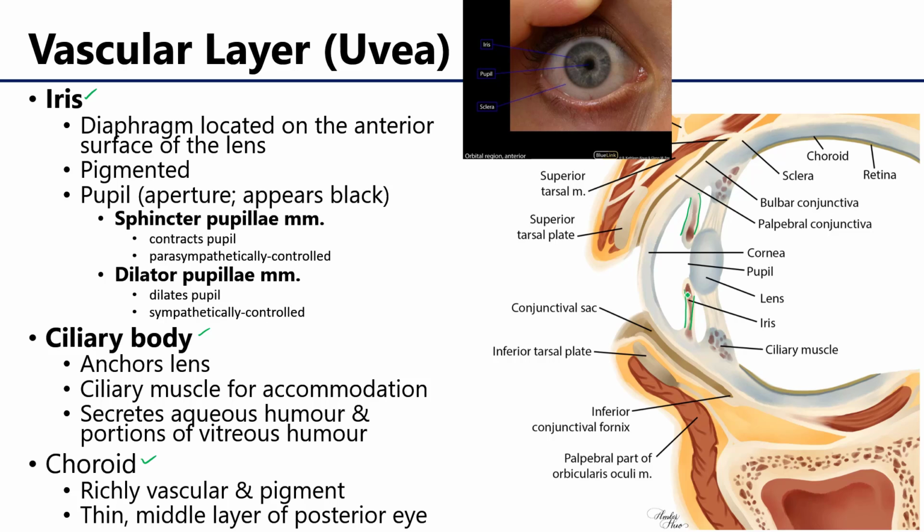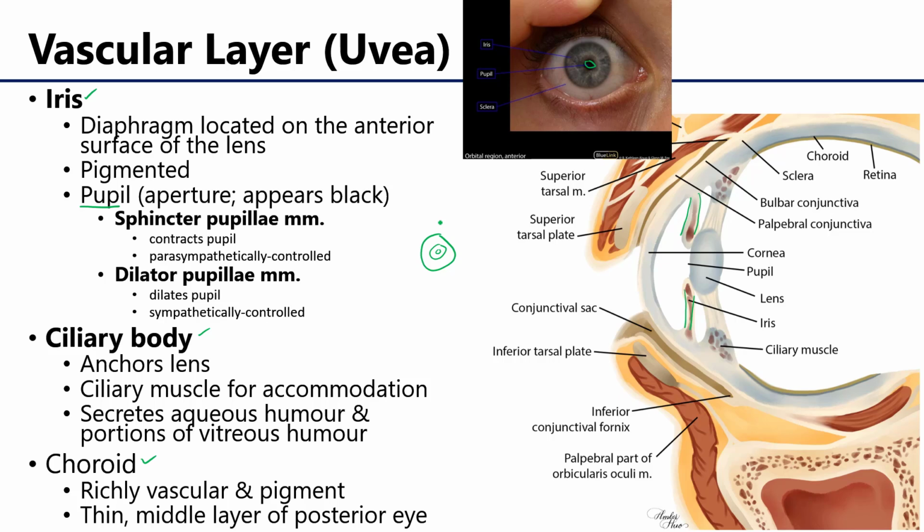And the hole of the diaphragm is known as the pupil. So that pupil, or the probably more technically correct, the aperture, is what appears black to an individual looking. And so that pupil is going to either constrict to get more narrow, or it will dilate to get larger.